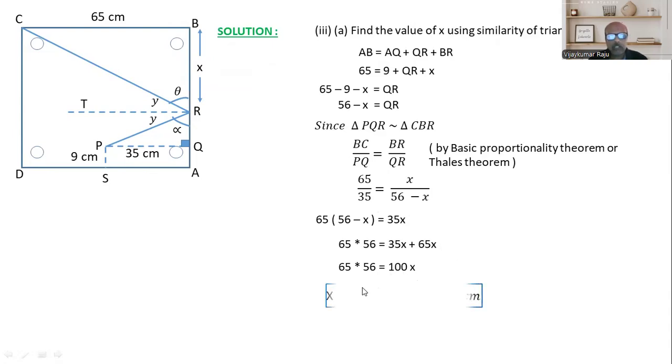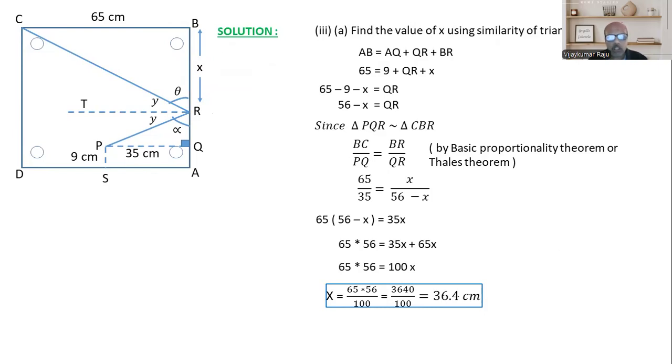So x is equal to 56 into 65 upon 100. Multiplying, you get 3640 divided by 100, which is 36.4 centimeters. So the length of x is 36.4 centimeters. Hope this is clear.